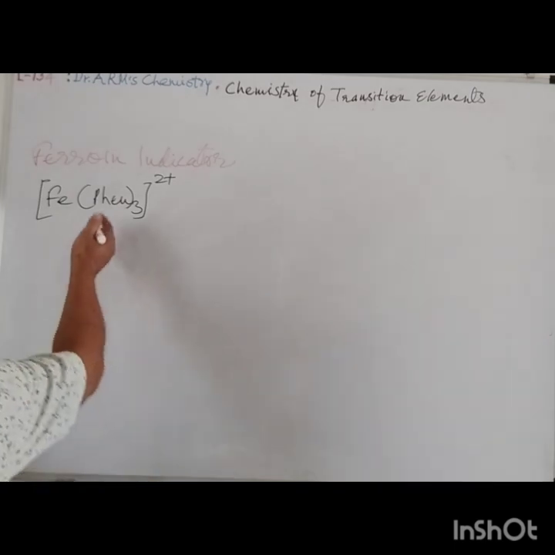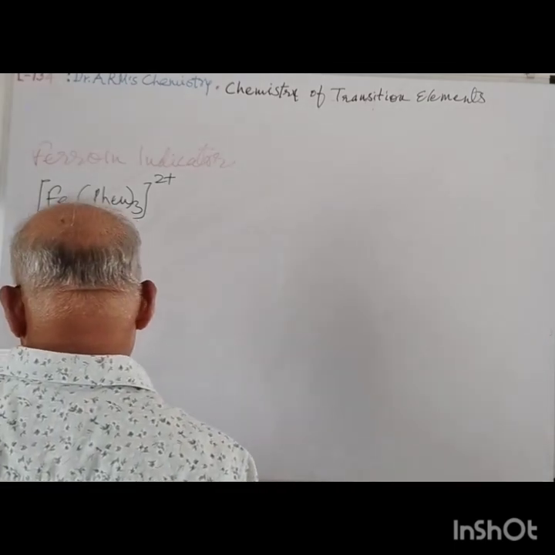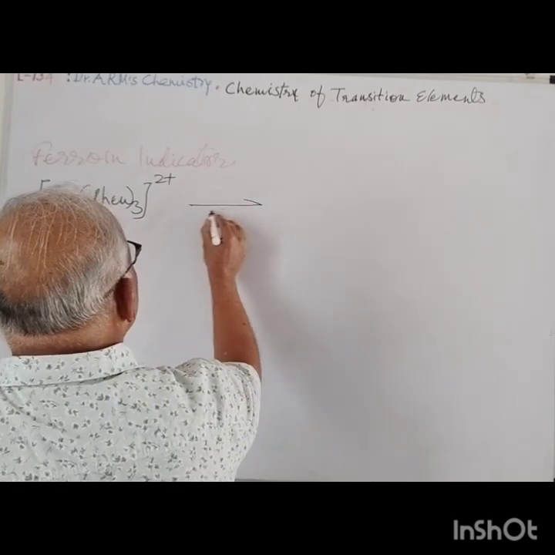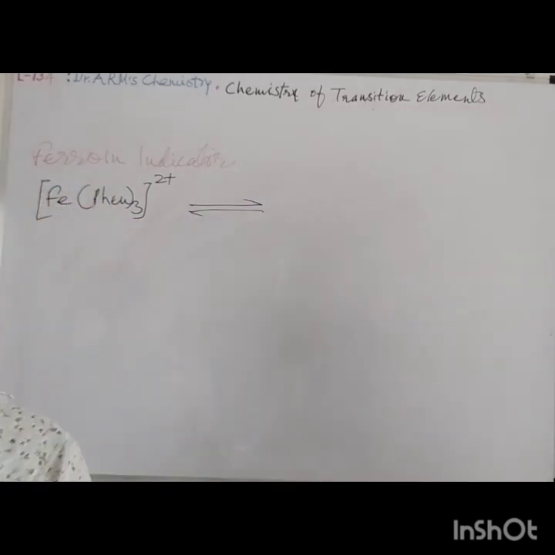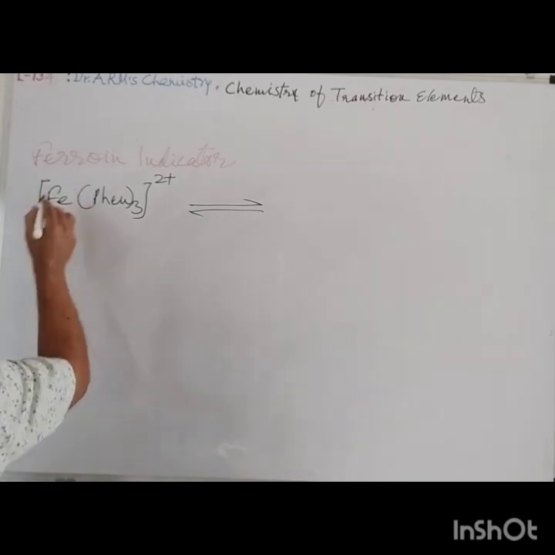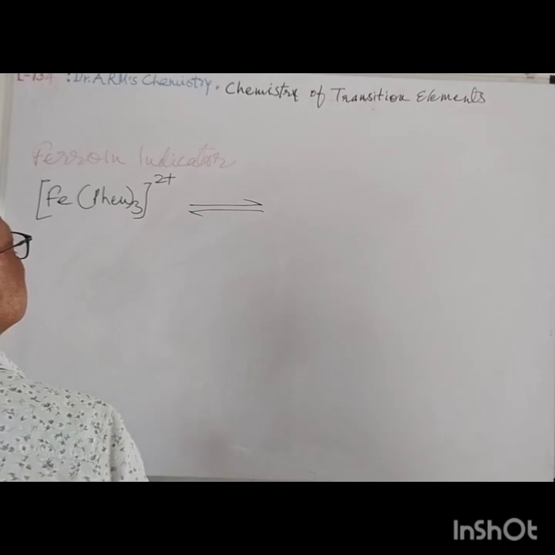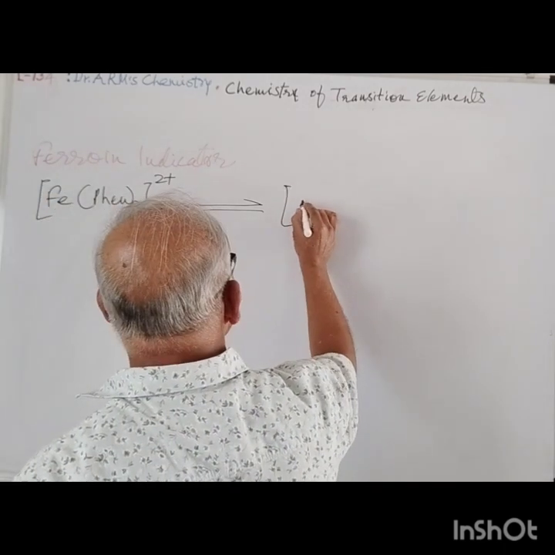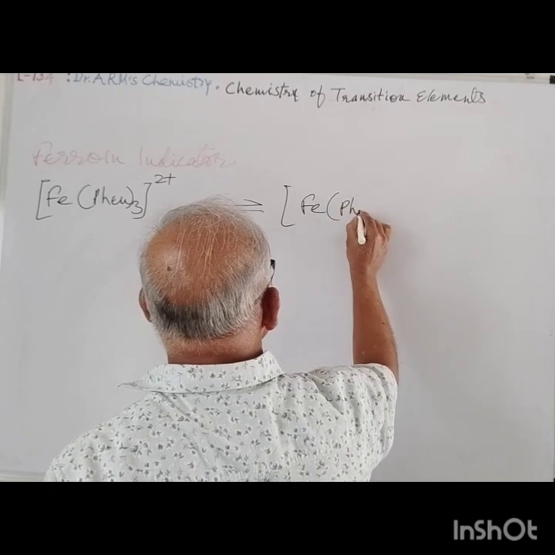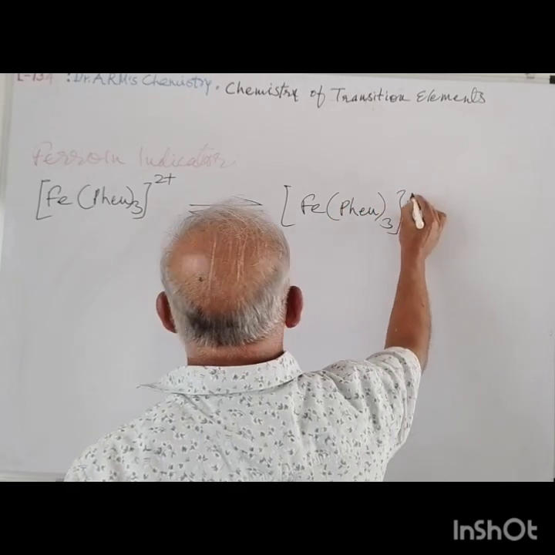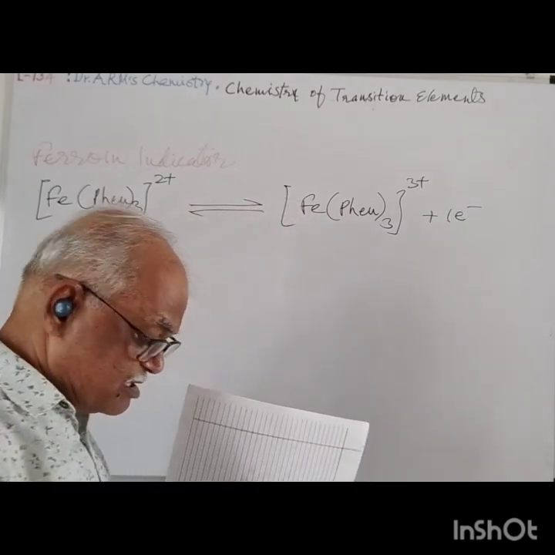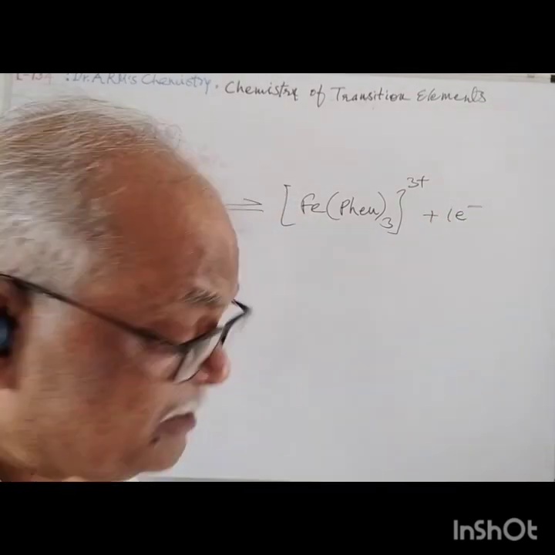So this is our phenanthroline. If this is in the 2+ state, during charge transfer, the Fe is converted into the 3 plus state with loss or transfer of 1 electron.